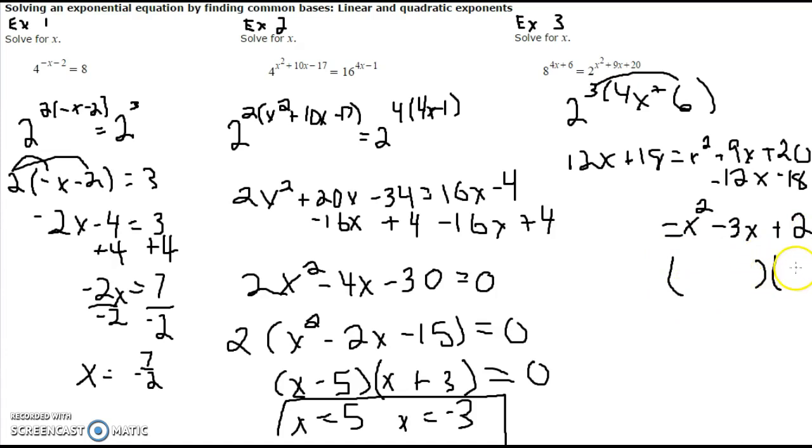What multiplies to positive 2 but adds to negative 3 is going to be x minus 2 and x minus 1. I'll set this equal to 0, and I'll end up with x equals positive 2 and x equals positive 1. So it also would have two answers.